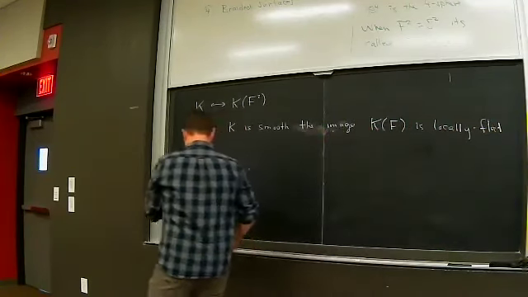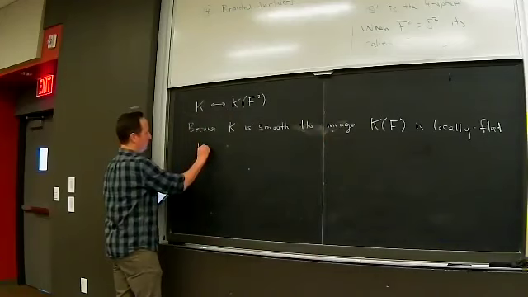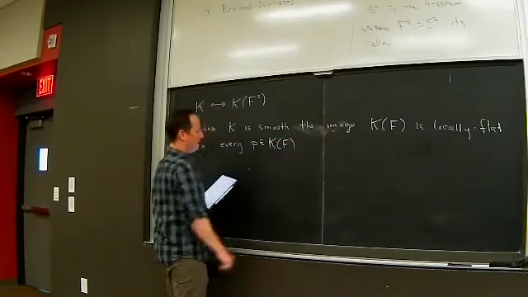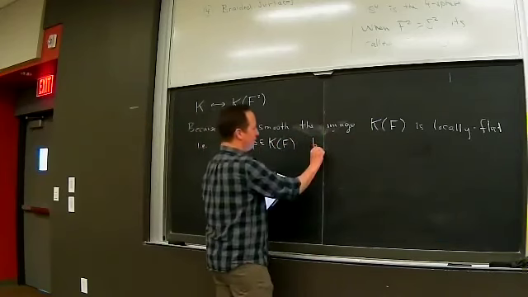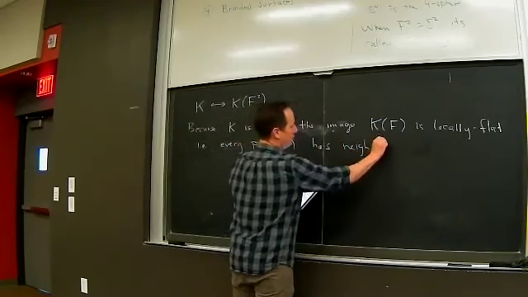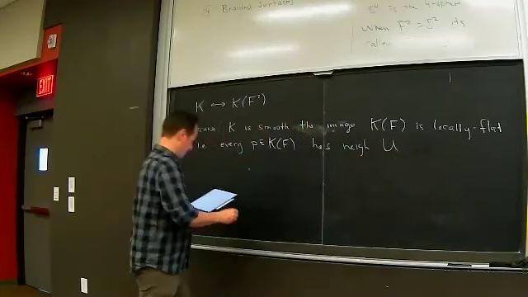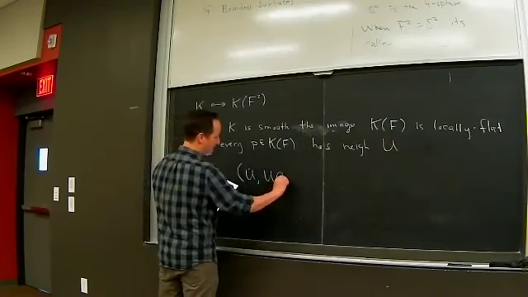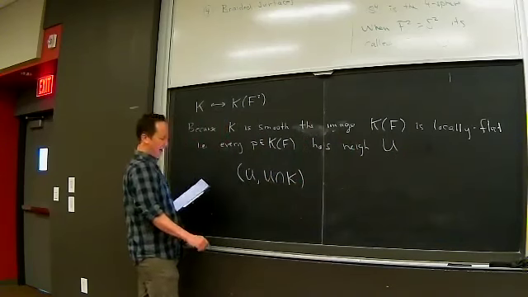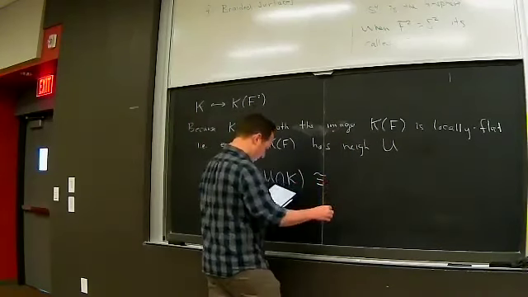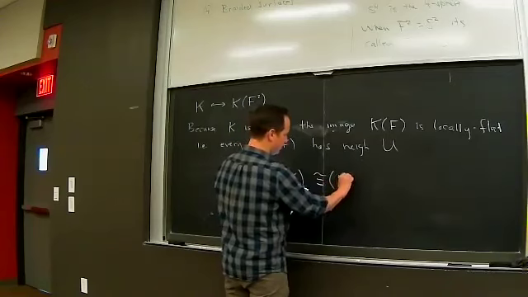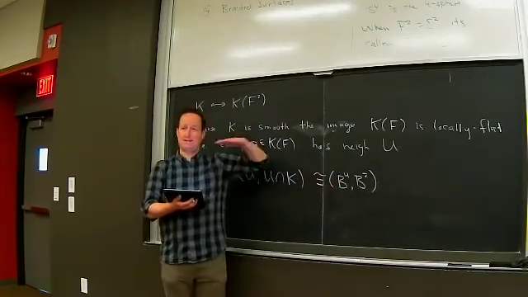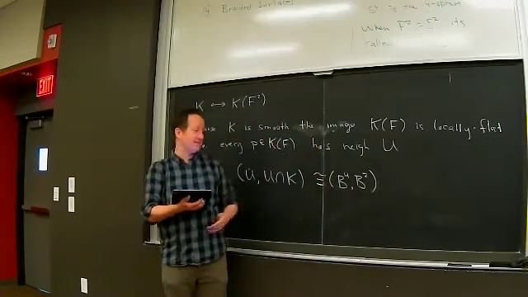And what this means is every point in the image of this embedding has a neighborhood U, where if I take the neighborhood U and intersect it with the image of the embedding, that pair of spaces will be homeomorphic to the 4-ball with the standard 2-ball, or the standard disk, embedded in it.